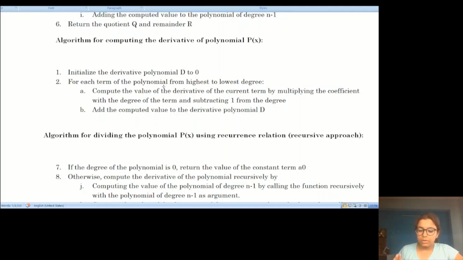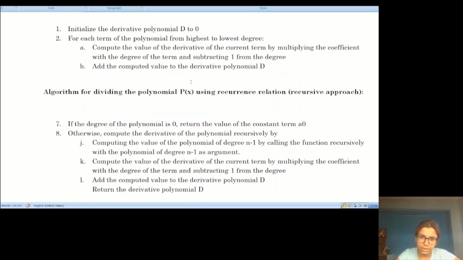We would compute the value of the derivative of the current term by multiplying the coefficient with the degree of the term and subtracting 1 from the degree. Obviously, we have to decrease the degree, and so for that we have to subtract 1 from the degree. After doing the computation, you just have to assign the value to the polynomial d.